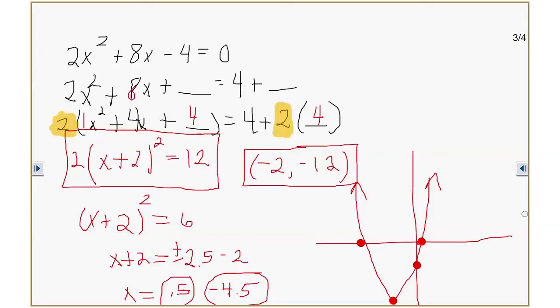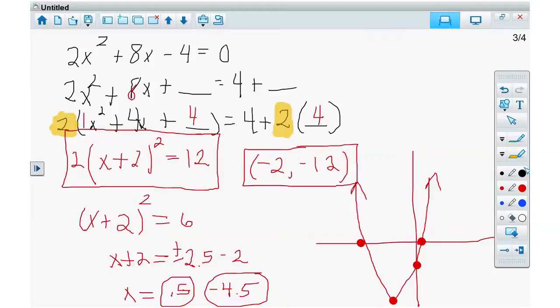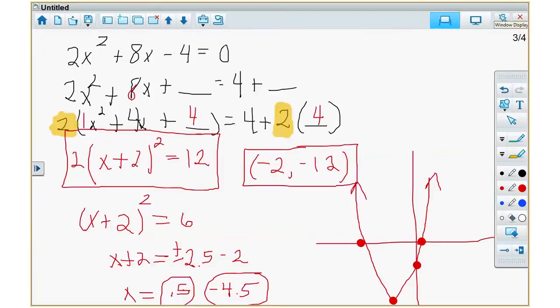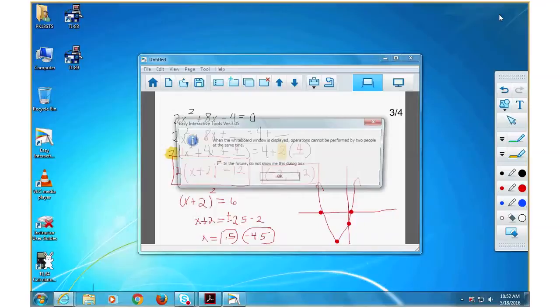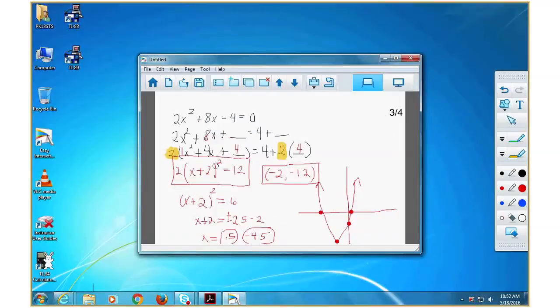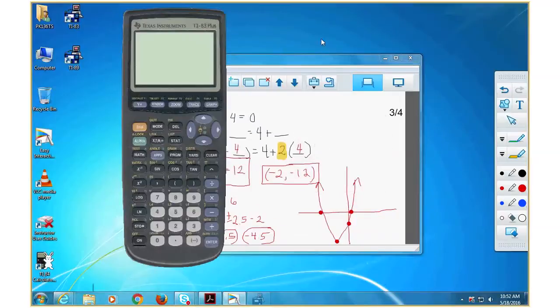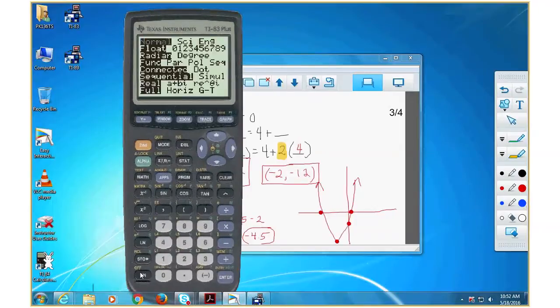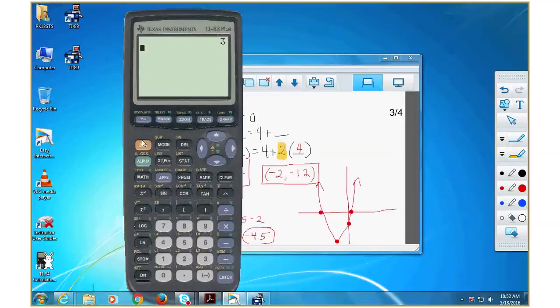And then I want you to graph the x squared function by itself. So pull up your handy-dandy virtual calculator that you carry around all the time. And we're going to graph y = x squared.